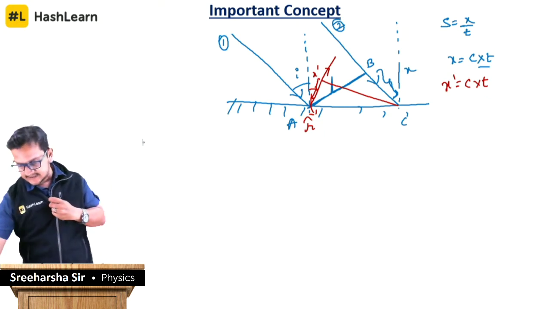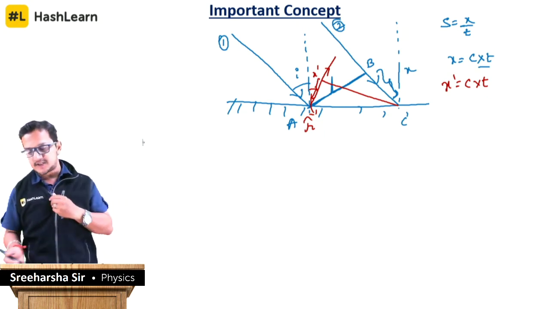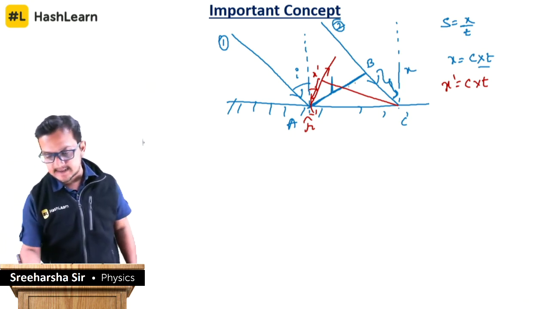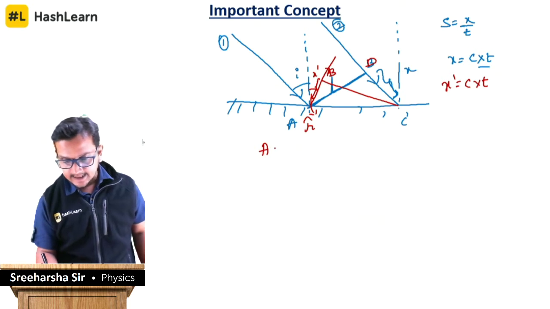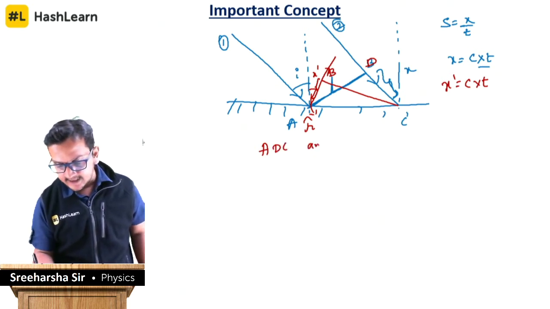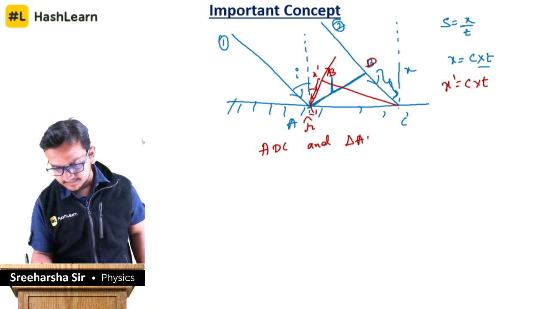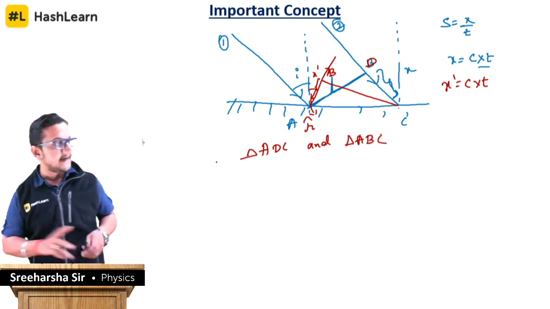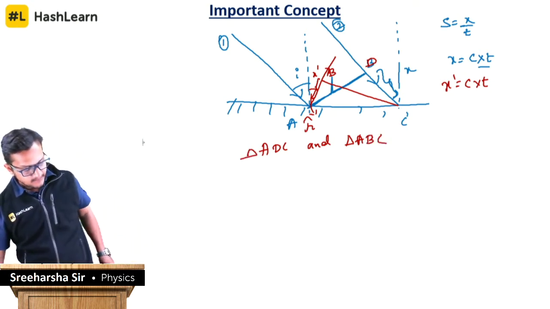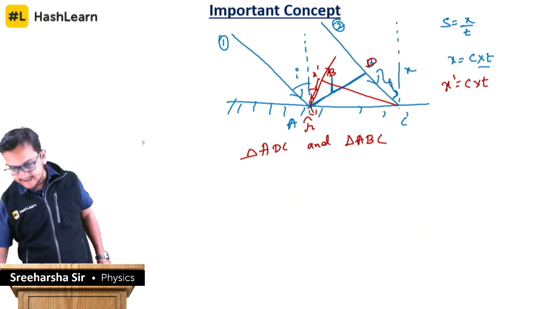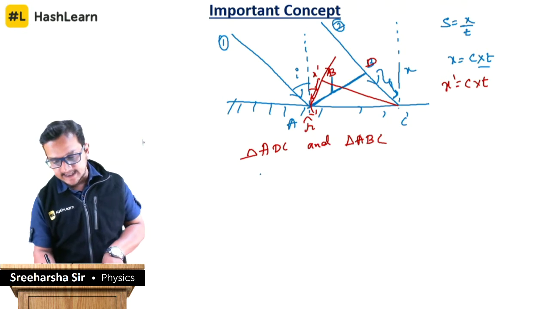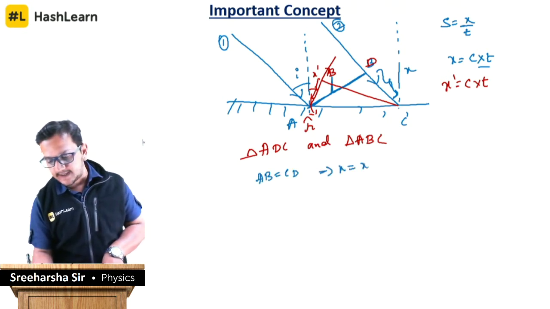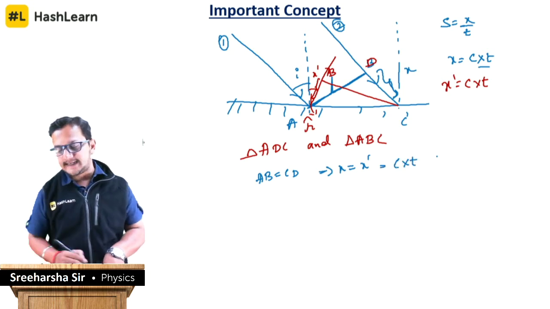Now if you take the triangles, I'll call these points D and B. I'm taking two triangles, ADC and ABC. Here AB is equal to CD because x is equal to x dash, which is equal to c into t.